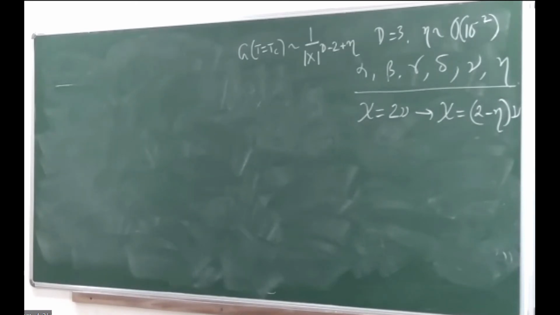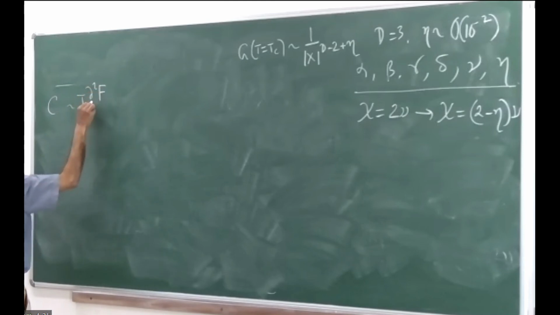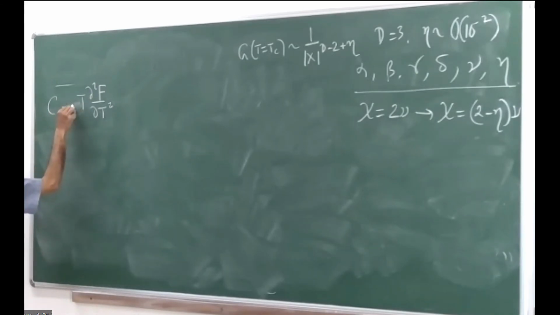Let's think of it somewhat differently. The specific heat is T del squared F over del T squared. At least over here, that comes with a negative sign, right? Give or take the sign.